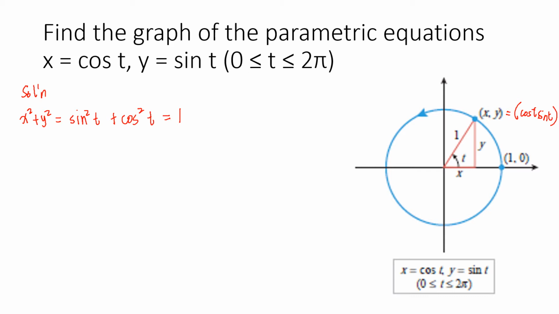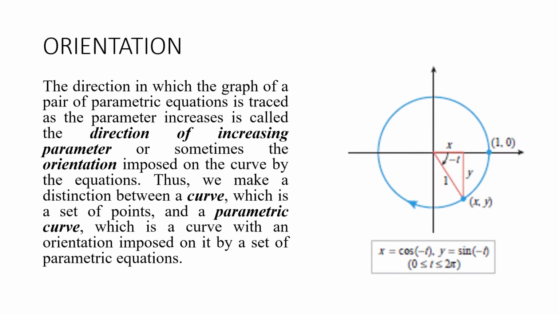So let's have orientation. The direction in which the graph of a pair of parametric equations is traced as the parameter increases is called the direction of increasing parameter, or sometimes the orientation imposed on the curve by the equations.